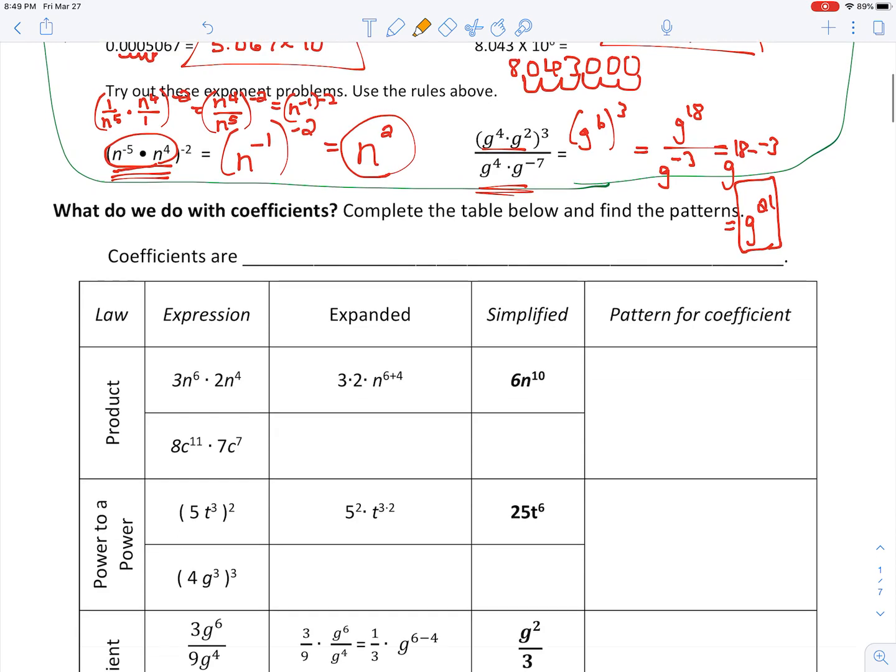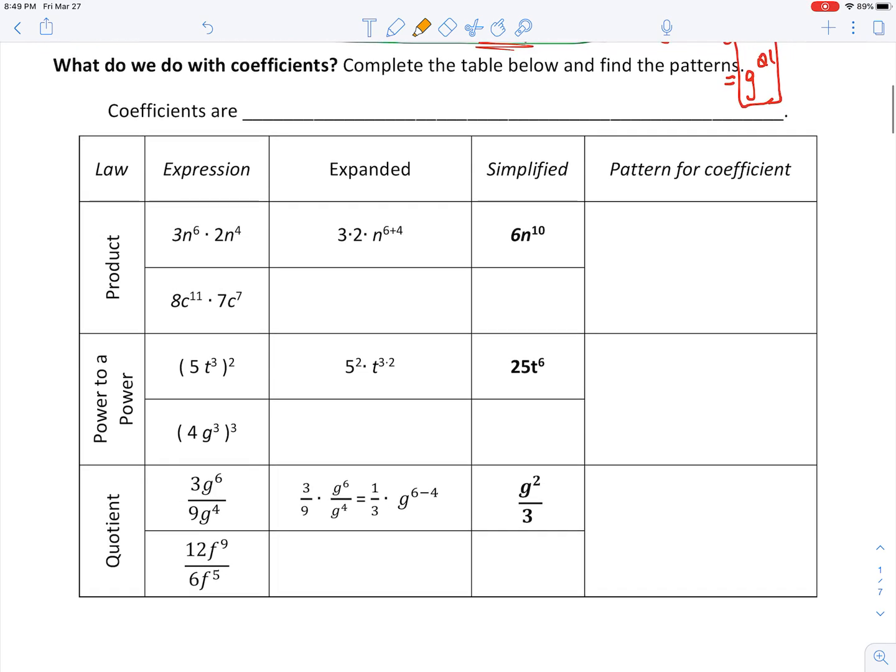First, let's go to just some examples and to kind of keep things straight and organized. Coefficients are numbers that are multiplied by variables. They can be positive, negative, they could even be fractions. For example, 3x. The 3 is the coefficient of x.